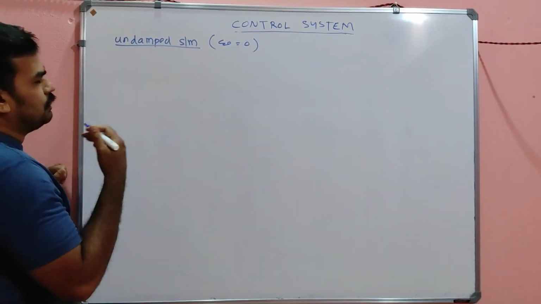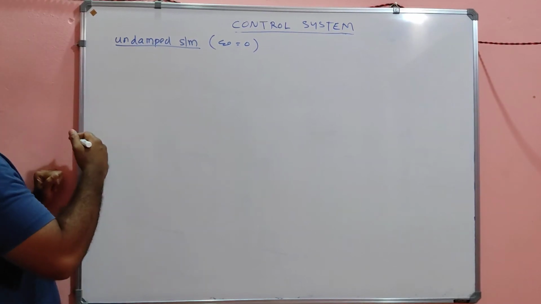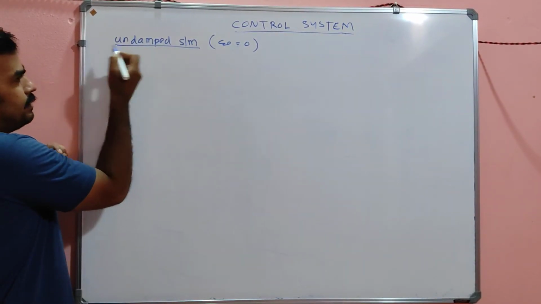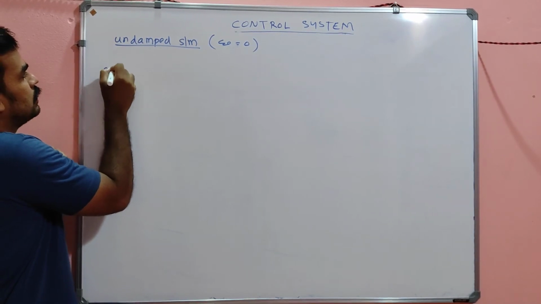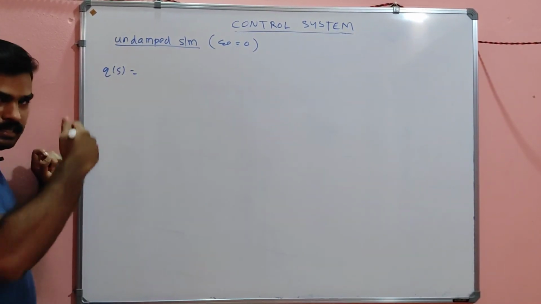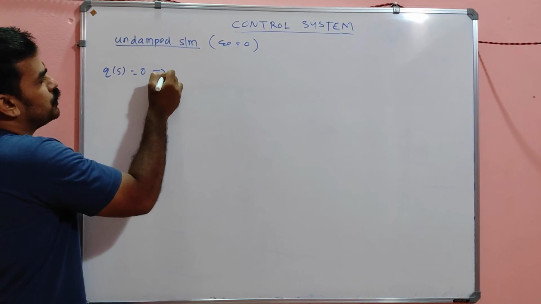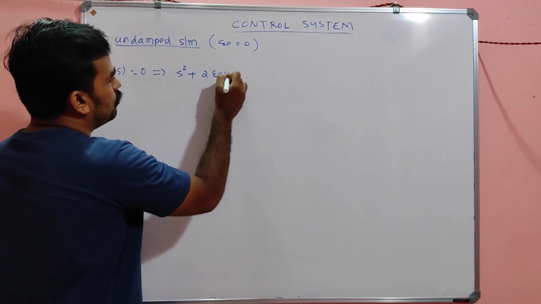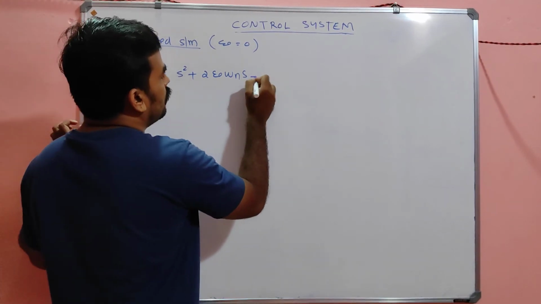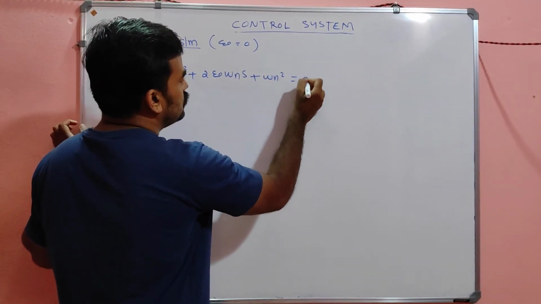Let's see, what is the characteristic equation now? Denominator Q of S equal to 0, which implies S square plus 2 theta omega n into S plus omega n square equal to 0.